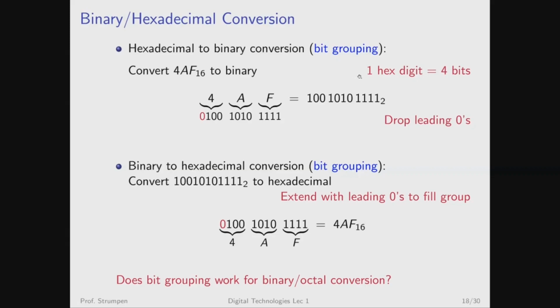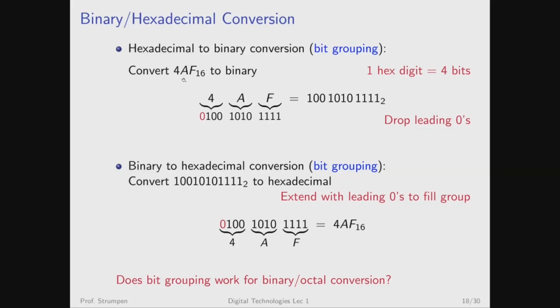The observation is that one hex digit, which can represent 16 different numbers, in decimal 0 through 15, in hex 0 through F, can also be represented in binary by exactly 4 bits. 4 bits also allow you to encode 16 different numbers, the same numbers, 0 through 15. In binary, 0000 through 1111.